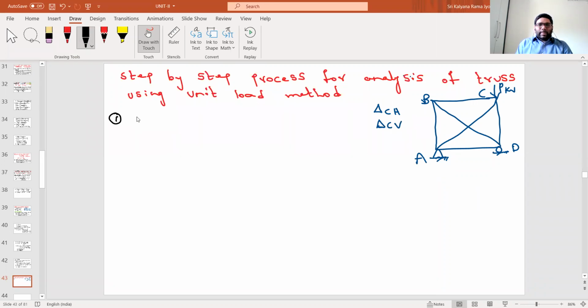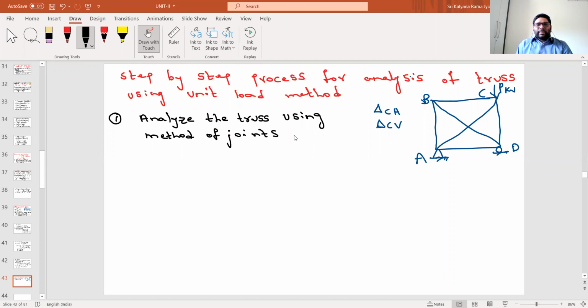First step, analyze the truss using method of joints with external load. What does that mean?